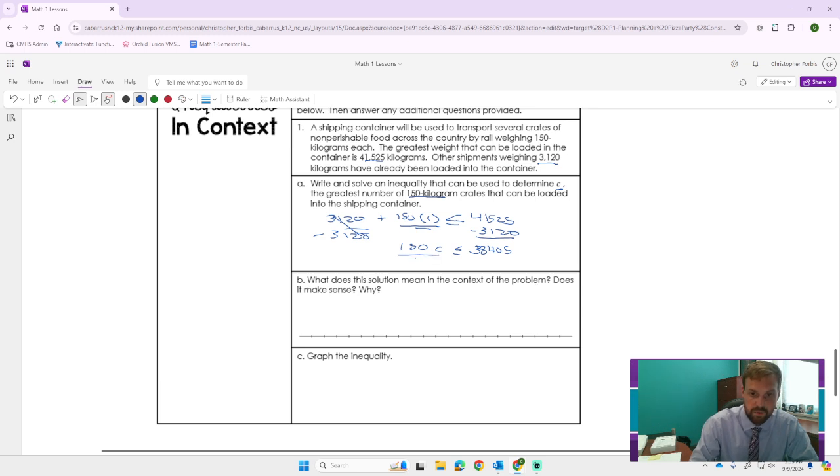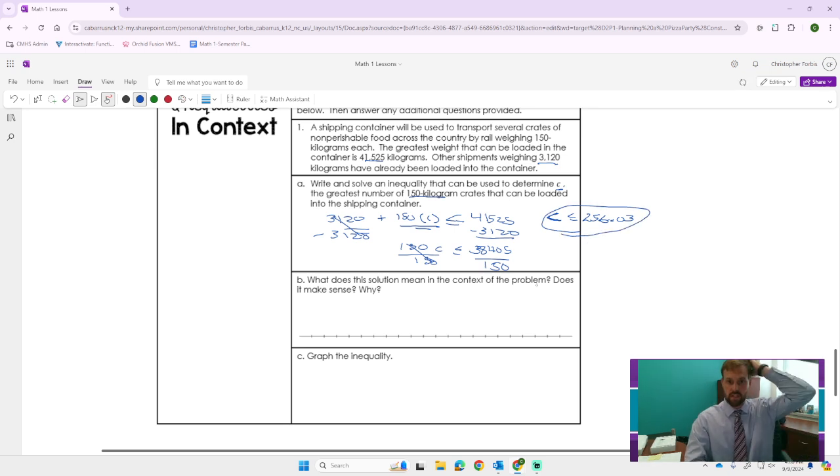And then I can divide both sides by 150. And I'm getting that C has to be less than or equal to 256.03. That's the number of crates that I can have loaded into the shipping container. Since you can't have a decimal of a crate, the most you can have is 256. It's got to be less than or equal to 256.